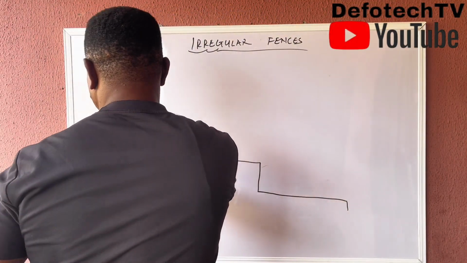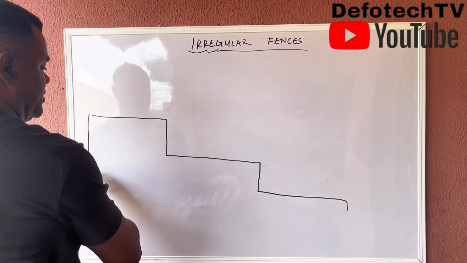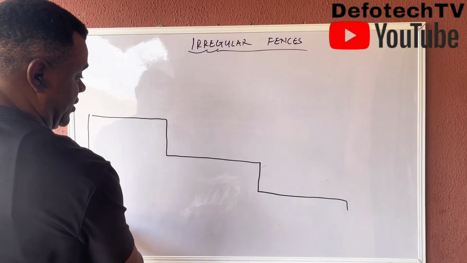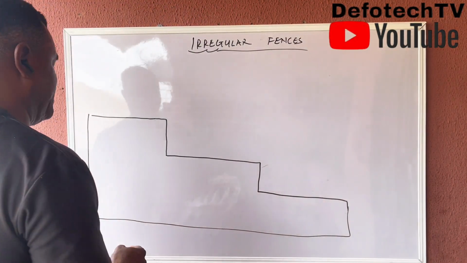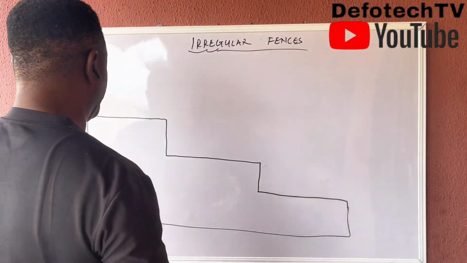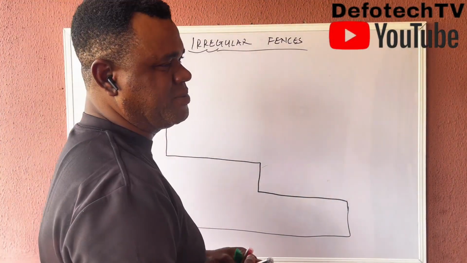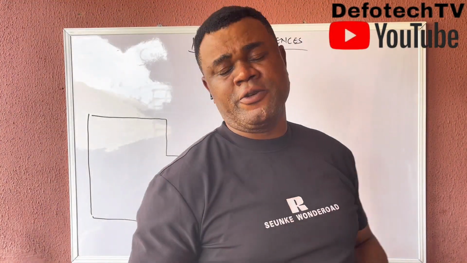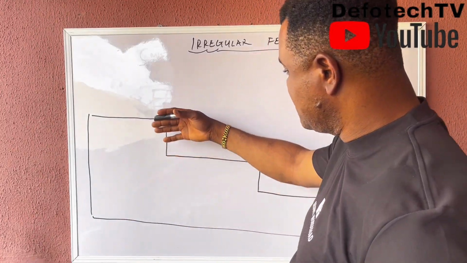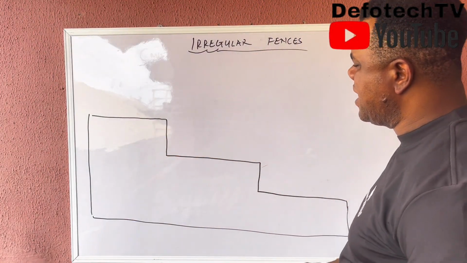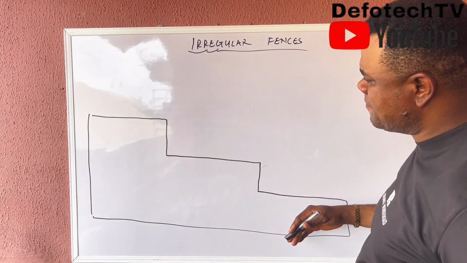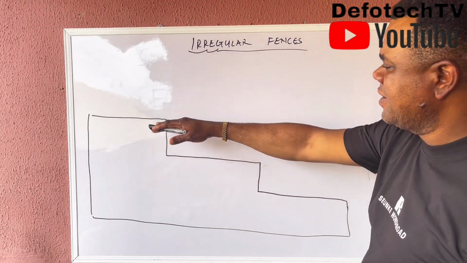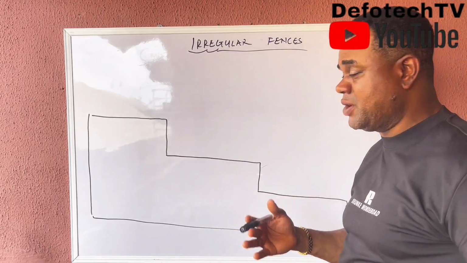Fences like you see in areas like the FCT, Abeokuta, rocky areas most times, where you have this kind of topography. You see the fences, they are not straight. And he's asking, how do you connect this if the fences are not regular?